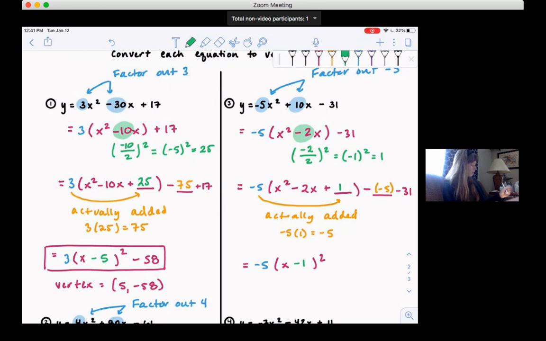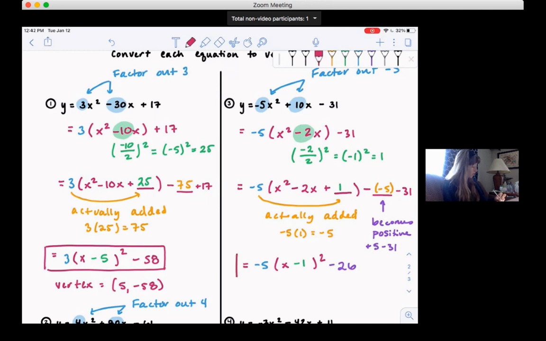And then when we combine our like terms, we have -5 minus 31. So the slightly weird thing here is that our -5 becomes positive, right? Because subtracting a negative is the same as adding a positive. So this is like +5 minus 31, which is -26.